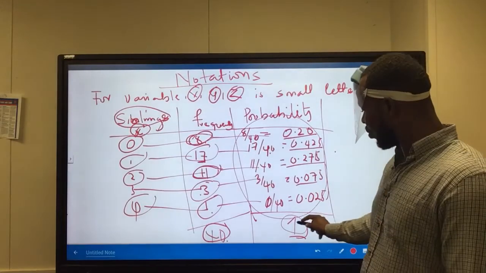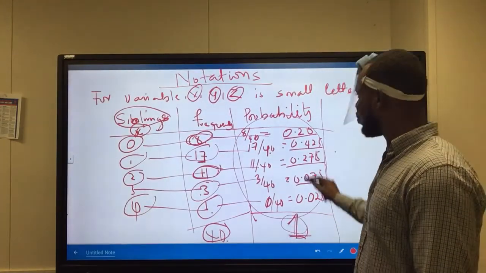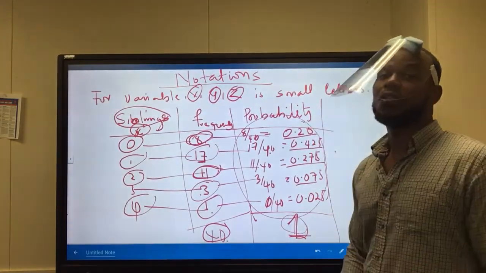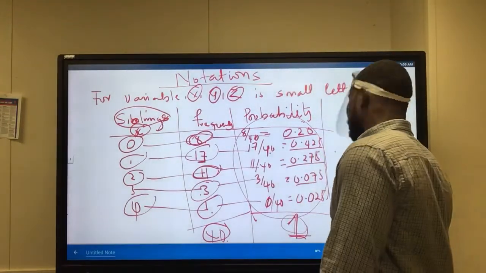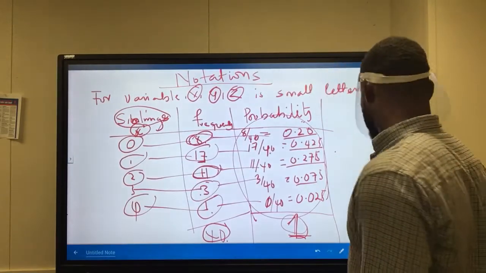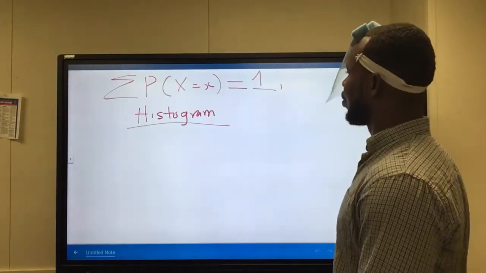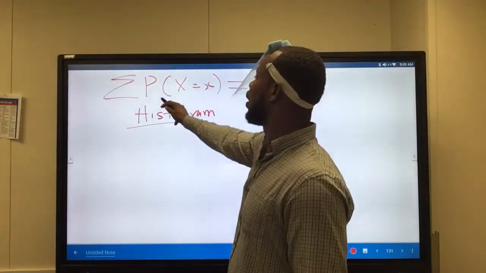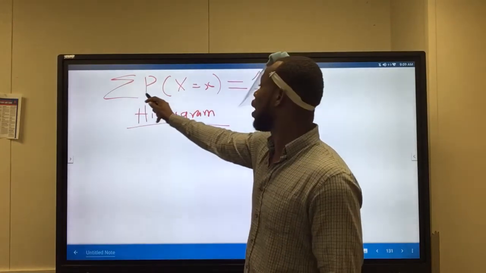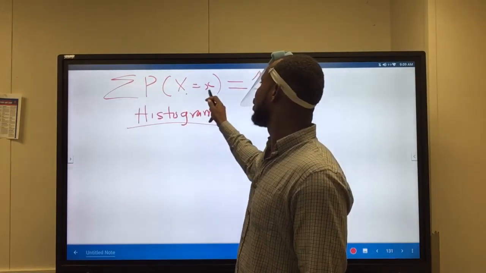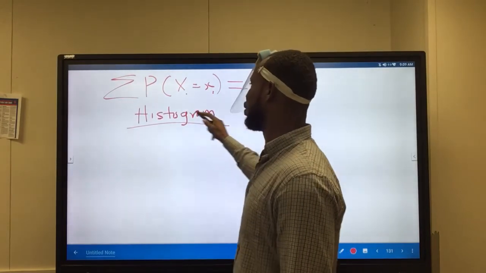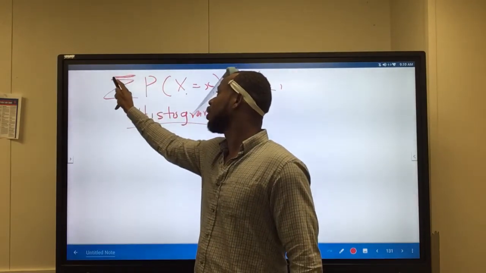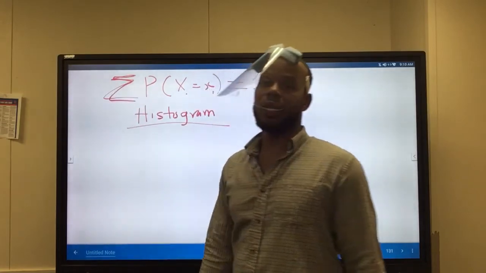Now, there's something you have to know. When you add all the probabilities in the distribution, you are supposed to get 1 in the discrete case. So for us to represent that mathematically, we say that if you add all the probabilities of the siblings, it should be equal to 1. Don't worry about this summation; it basically means you are adding.